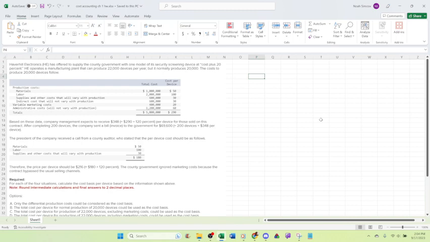Only the total cost changes because the cost per device doesn't change as you produce more.